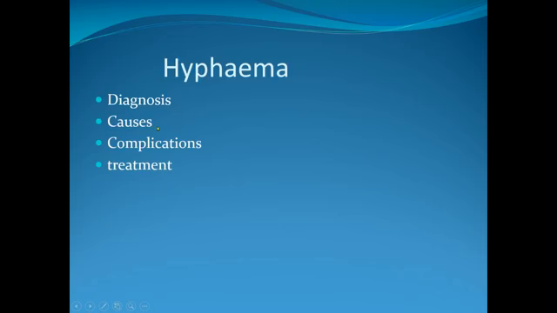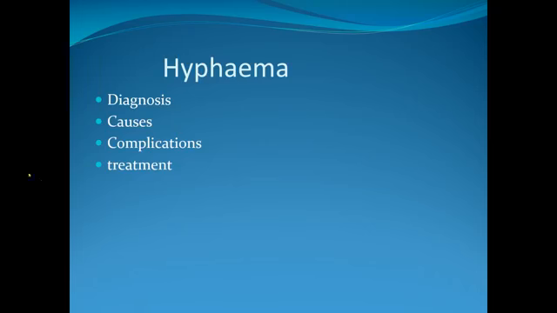If there is any bleeding disorder in the patient, or a blood dyscrasia, there is a chance to develop hyphema. Complications: if there is blood in the anterior chamber, it obscures the vision, so there is visual disturbance.